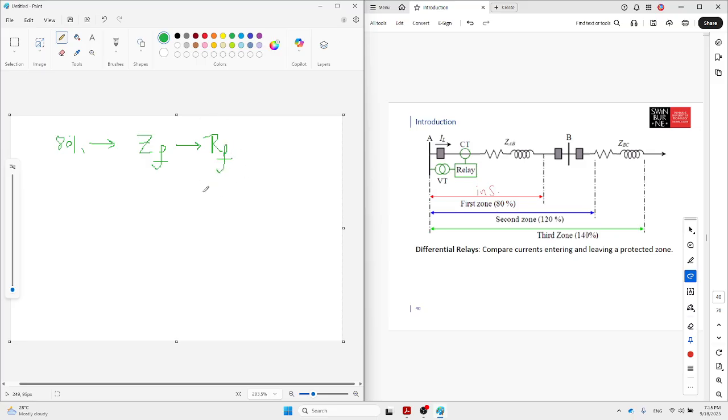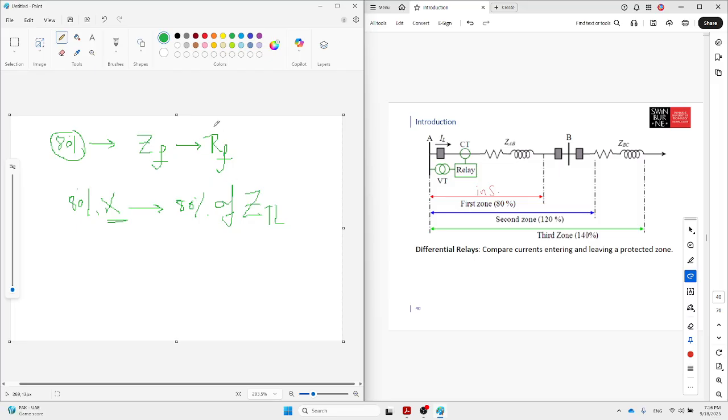In this case, resistance of fault usually increases this one. What's the meaning of 80%? I said 80% of X, which is total transmission line, correct? On the other way, we can set 80% of total transmission line impedance.